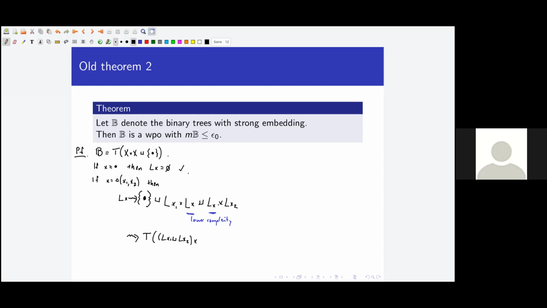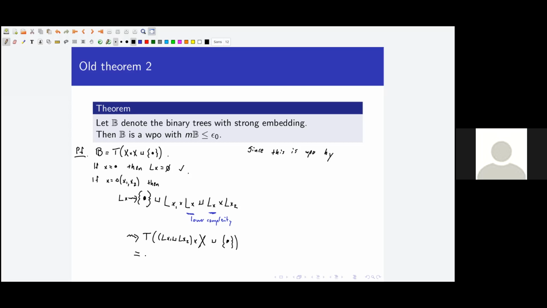We can just put them both on one side times X. And here's that endpoint dot. So since this is well partial ordered, well, I suppose we can write one more line.